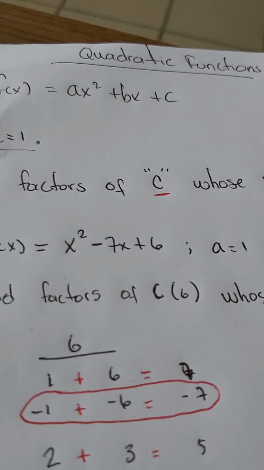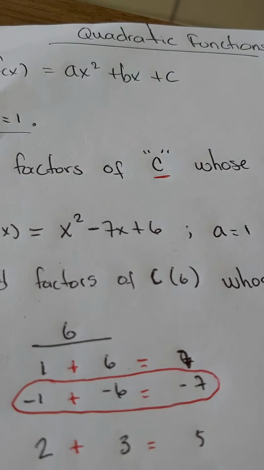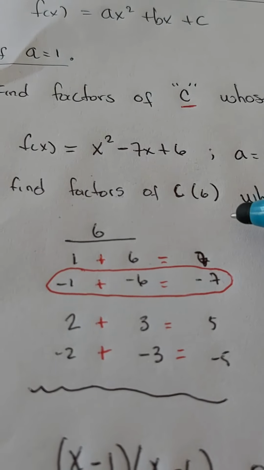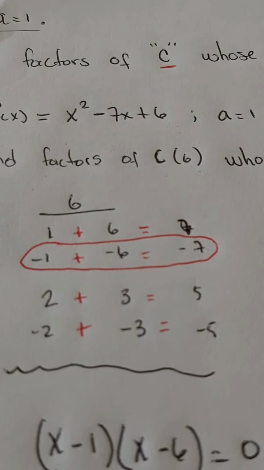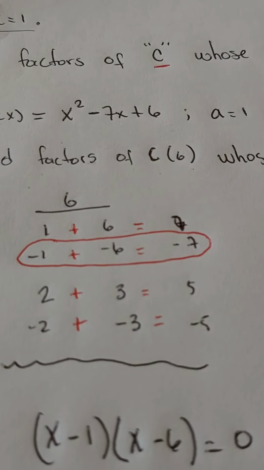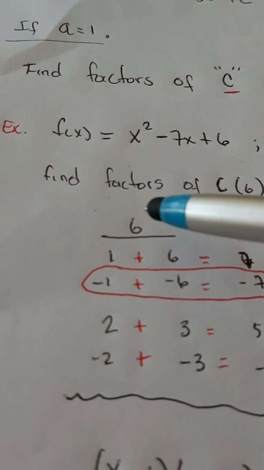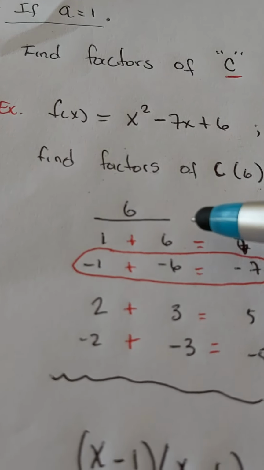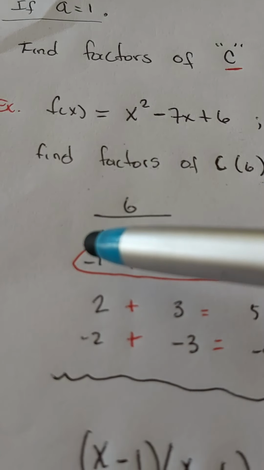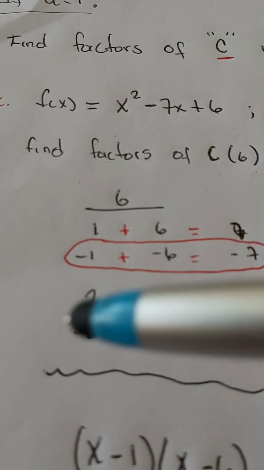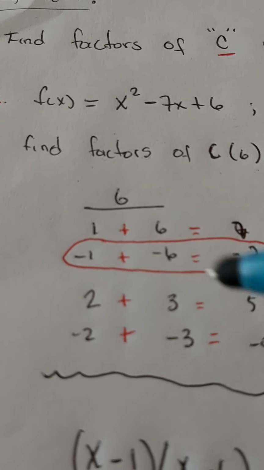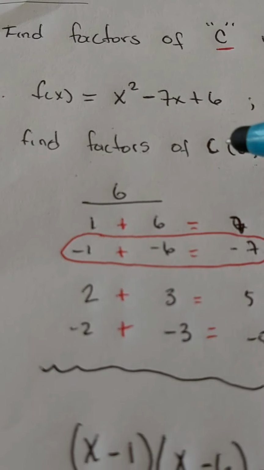Since a equals 1, let's find factors of 6, of c, whose sum equals b, in this case -7. So all the factors of 6 are the following: 1 times 6, 6. -1 times -6, 6. 2 times 3, 6. -2 times -3, 6. These are all factors of 6.